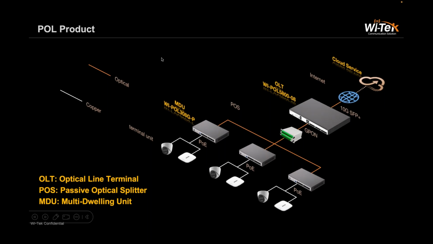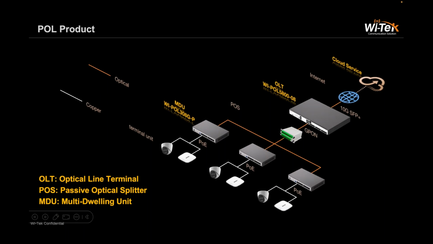Usually, this POL solution is built with an OLT from our internet to the OLT. This is a GPON technology device, like a management device with layer 3 switch function. Then it has a few fibers, and one fiber can pass through the splitter. This green one is the splitter. It can split into multiple fibers.